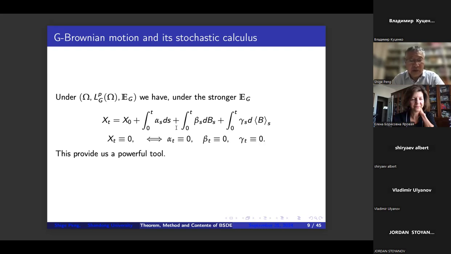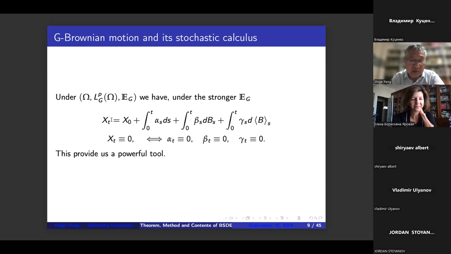And also another interesting thing is that we can see here X_t to be a function of path.